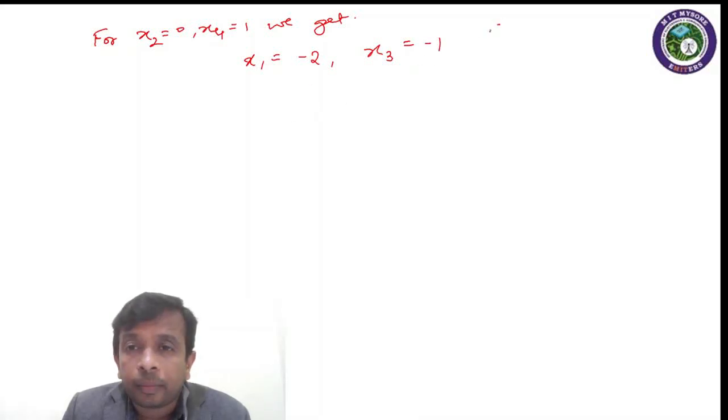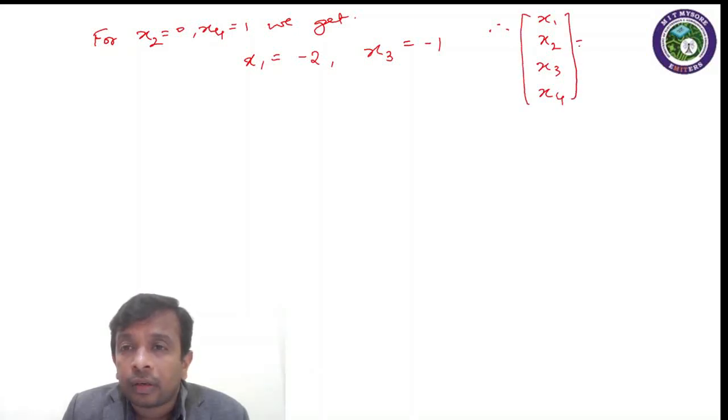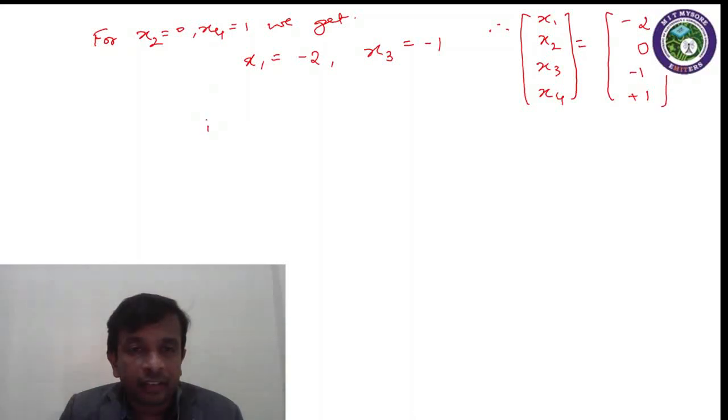Therefore, x1, x2, x3, x4 is minus 2, 0, minus 1 and 1.